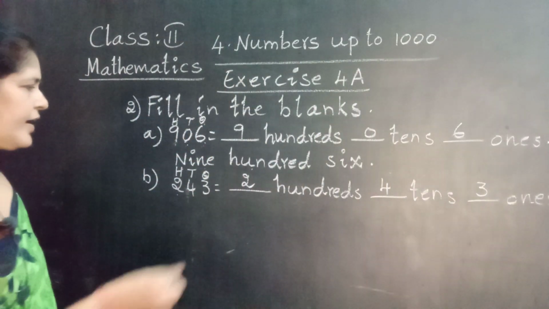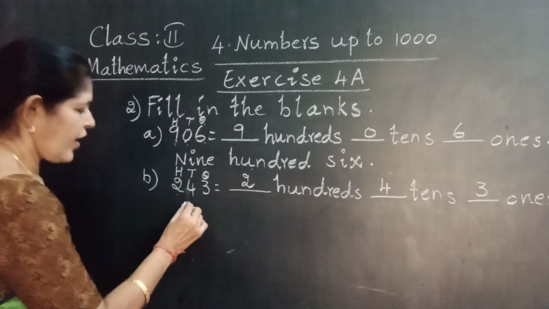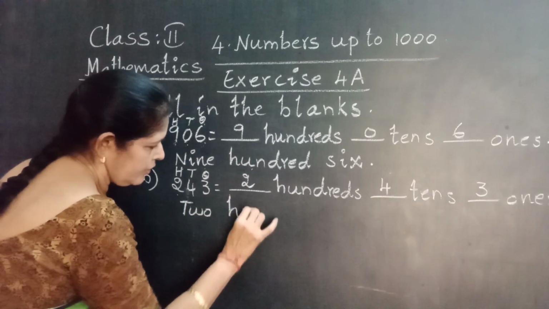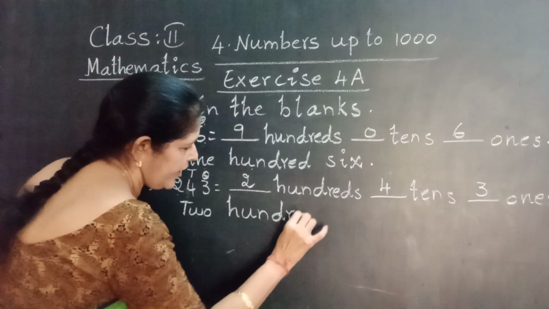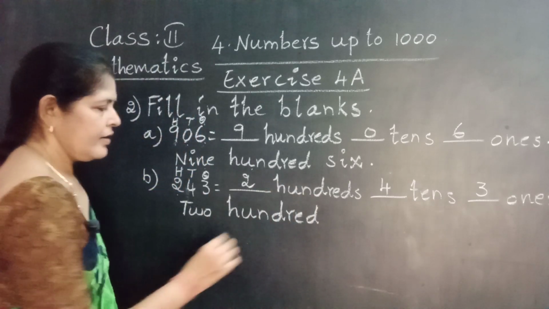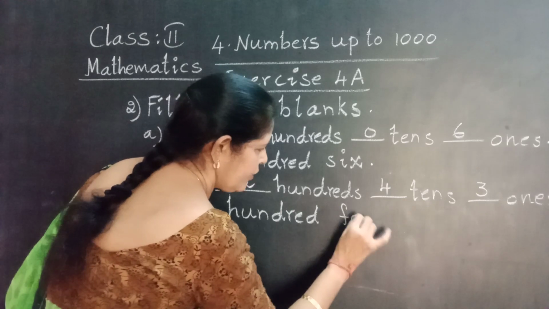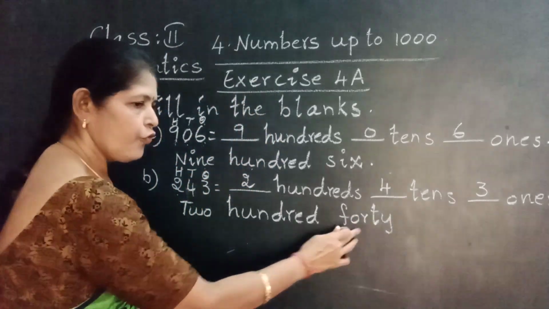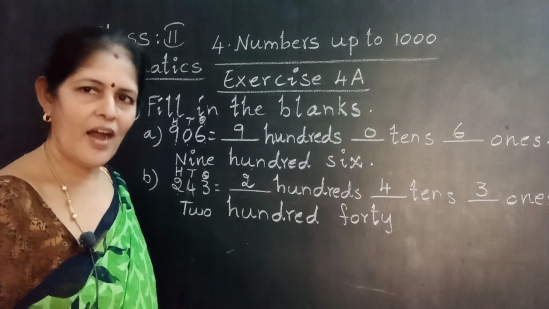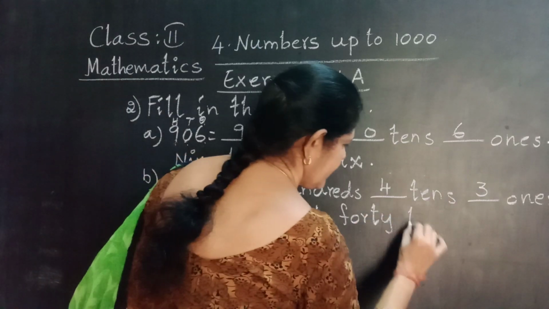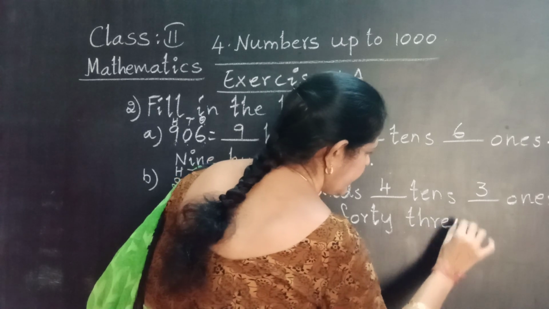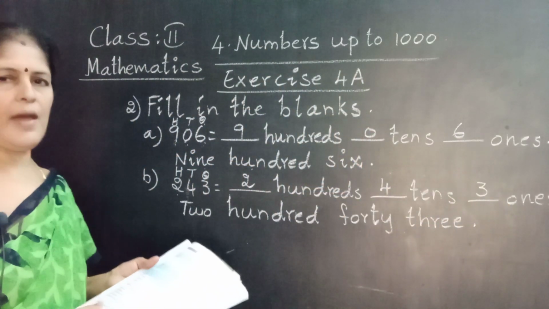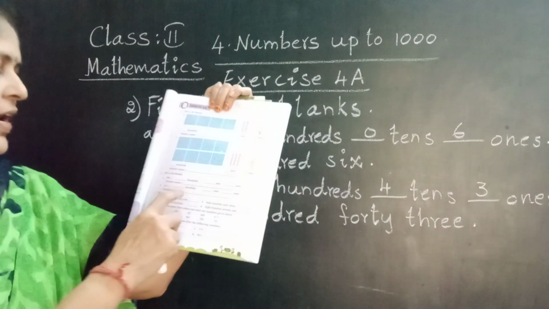Next, write the number name. Write in words. TWO HUNDRED FORTY THREE. F-O-R-T-Y, don't write U, not FOURTY. THREE. This is the number name of the given number. Here you are given a space.